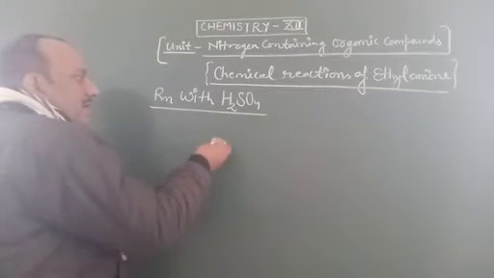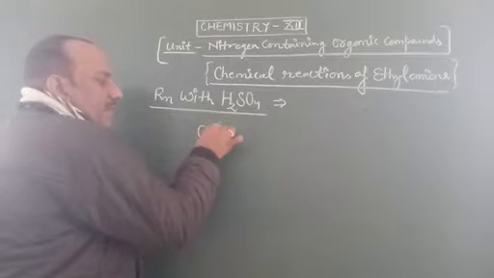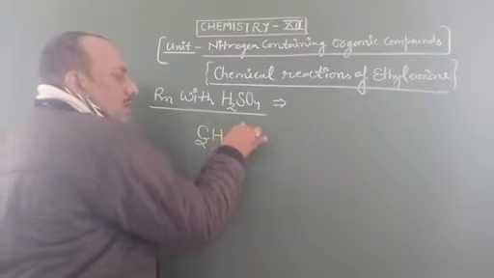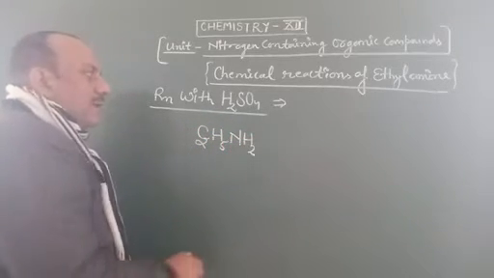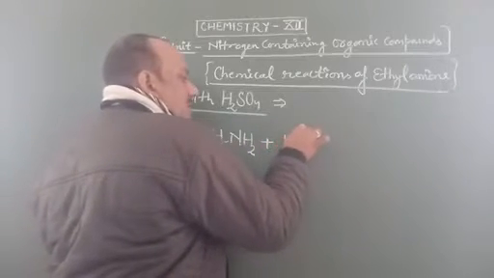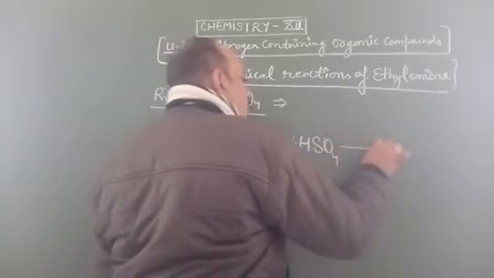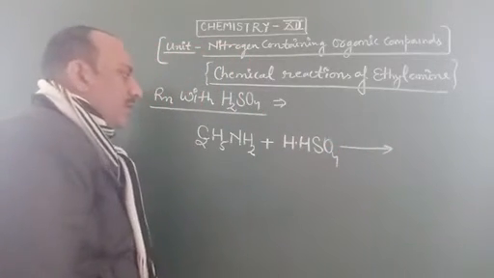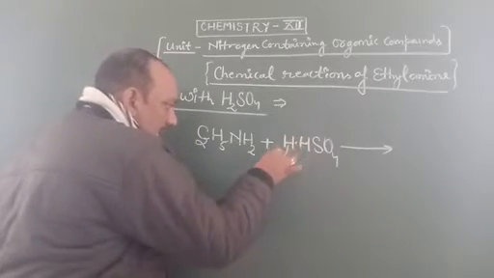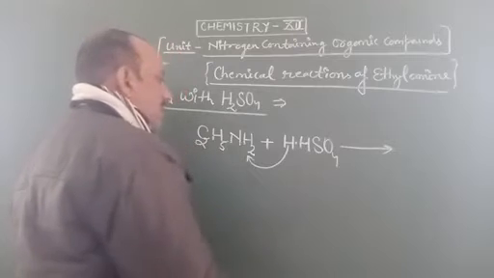Its chemical reaction is given as: C2H5NH2 is the formula of ethylamine, and it reacts with sulfuric acid, H2SO4. Also write it as H-HSO4. Then hydrogen is consumed by NH2 and converted to NH3.